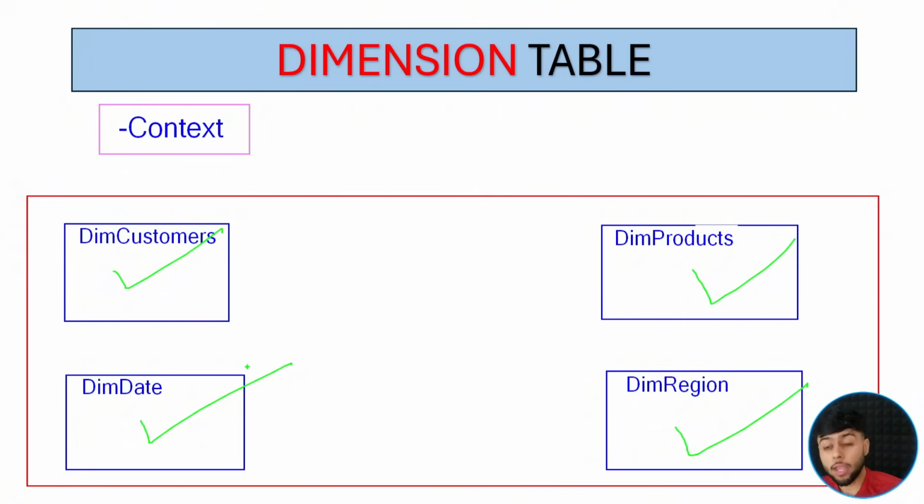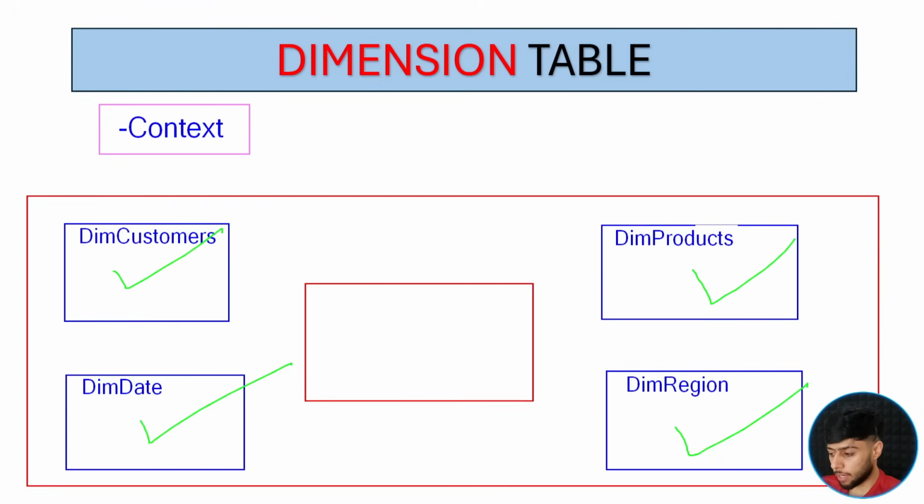So what we are doing? Let me just draw the fact table. This is my fact table in the middle. This fact table just has numbers.